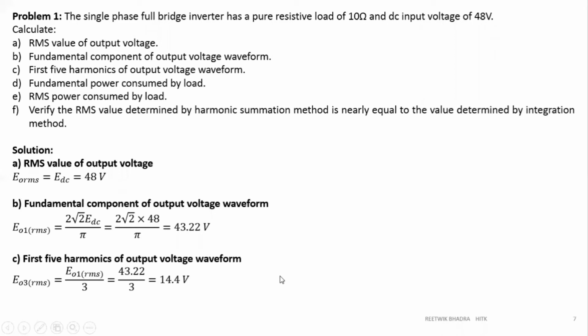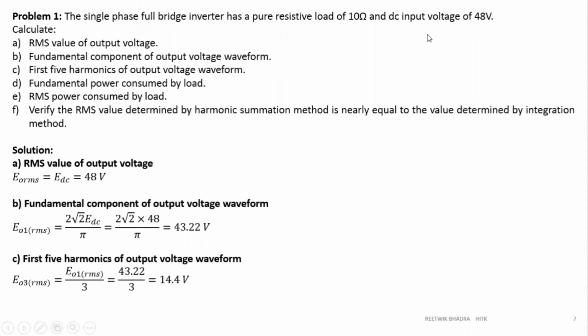Next we'll go into the problem regarding your full bridge inverter. Yesterday's problem only I have taken, only I have changed the inverter to be full bridge and calculated the same things over here. Yesterday we had a center tap DC voltage, right?